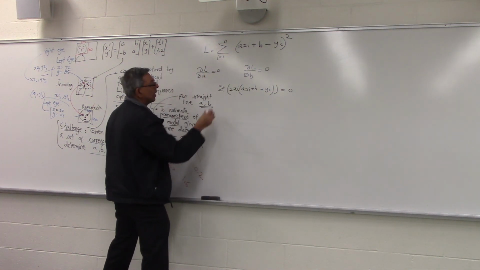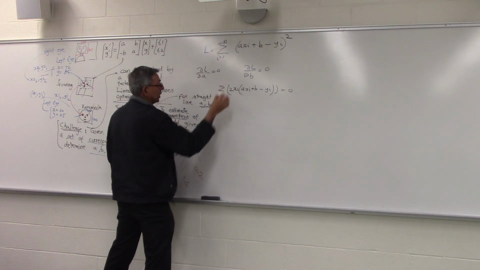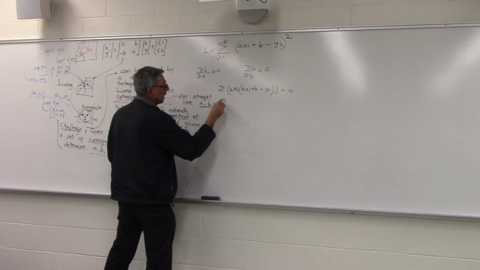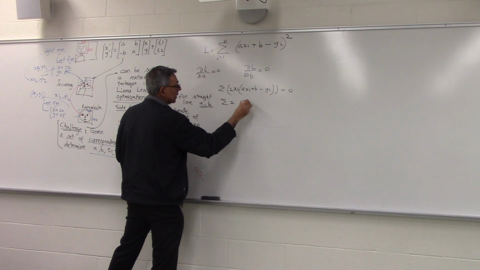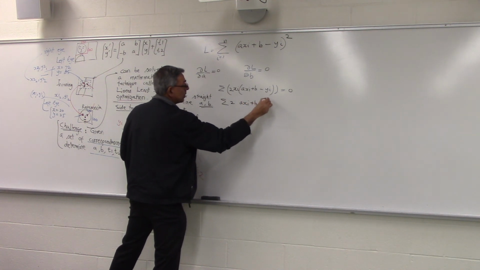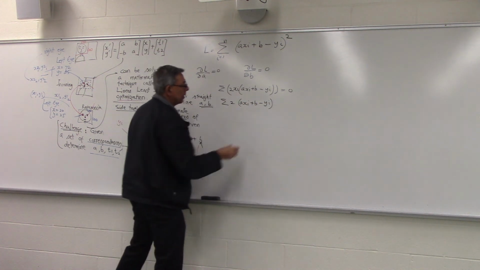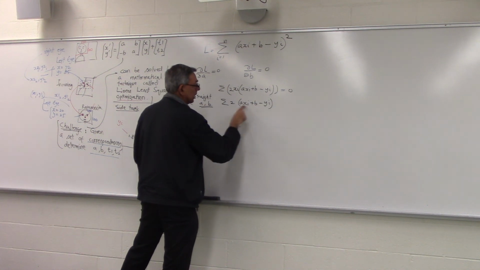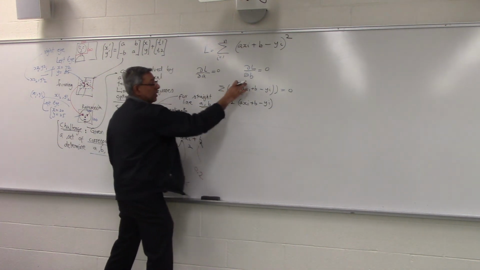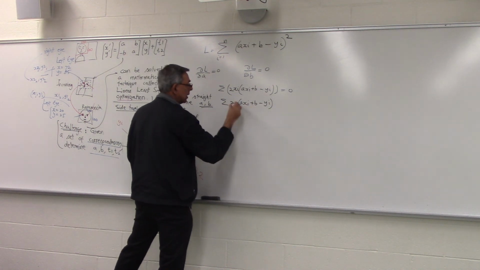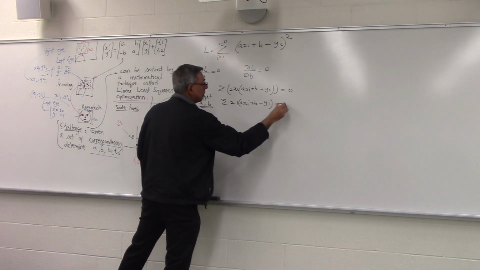Let's go to the second equation. What will happen to the second equation? Again, 2 times (A x of I plus B minus y of I), and then take the derivative partial with respect to B. That gives 1. So this is just 1, set equal to 0.